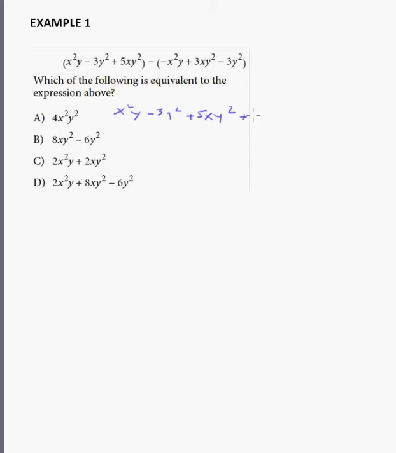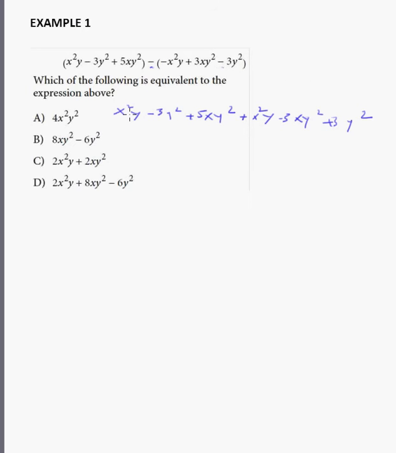This is why they gave you this problem. They want to make sure you can deal with this, and then this is going to be minus, as you can see, minus 3xy squared, and then plus 3y squared. You see, this is minus here and times minus there.